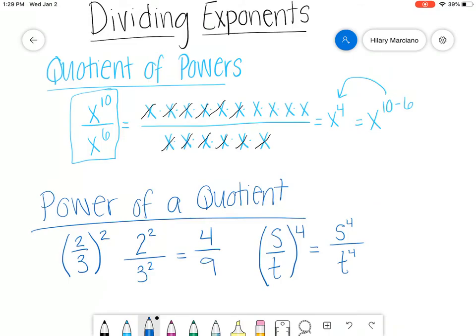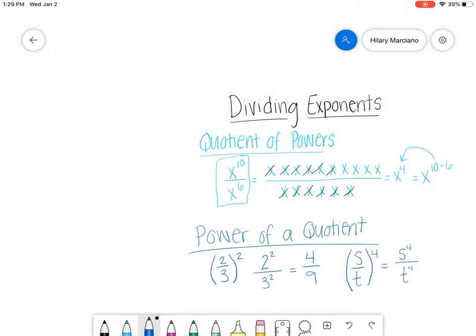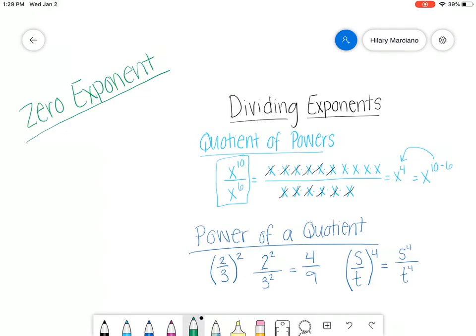A rule that we just need to know when it comes to dividing exponents, or solving anything with exponents in general, is the zero exponent. Think about what we know about 0, and it usually gets its own rule. If we have 18 to the 0 power, the answer is 1.